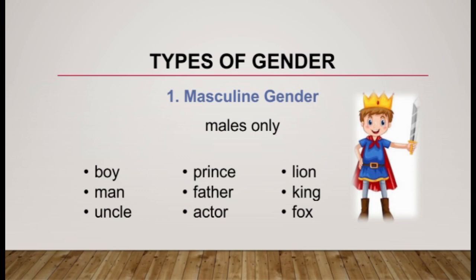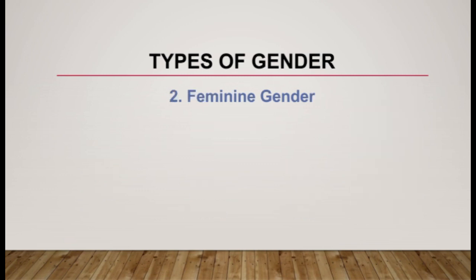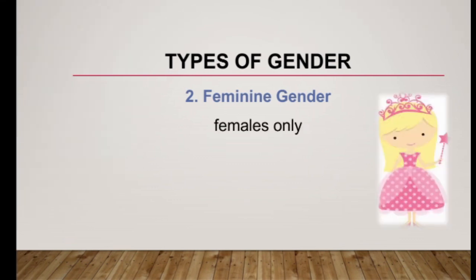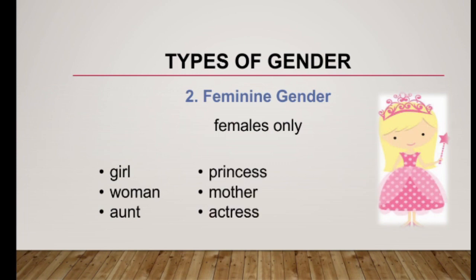Now let us look at the second type of genders. The second type is feminine. This type of gender includes females only. For example, girl, woman, aunt, princess, mother, actress, lioness, queen, and vixen.